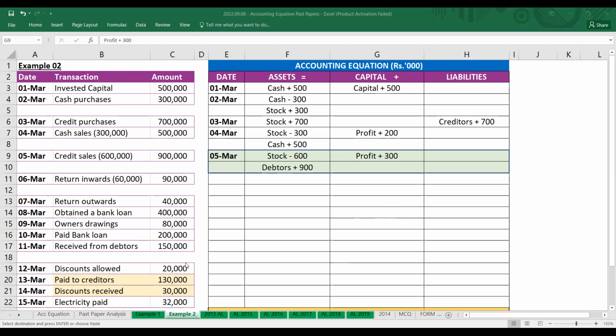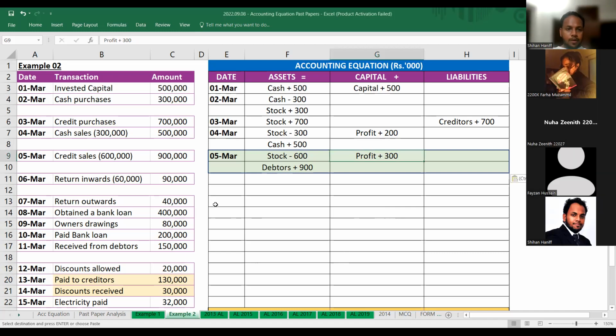Okay. Next, return inwards. What is return inwards? What we sold was returned by the customers, returned by the debtors. So actually, return inward means that is the reversal of credit sales.